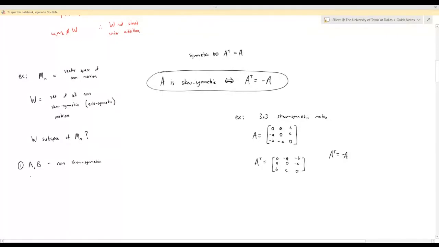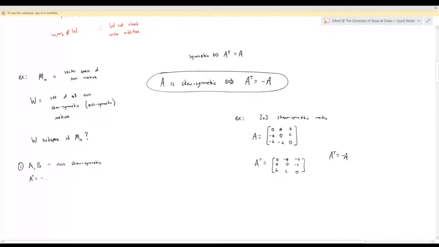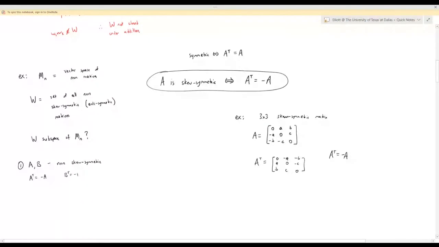Therefore, we know that A transpose will be equal to negative A, and we also know that B transpose will be equal to negative B. When we add our two matrices together, we want to check: is the sum going to be skew symmetric or not?